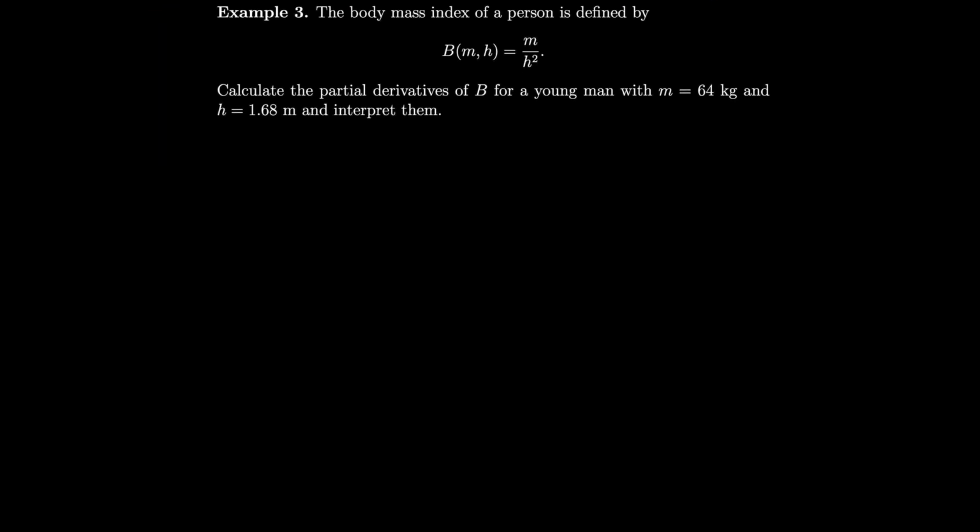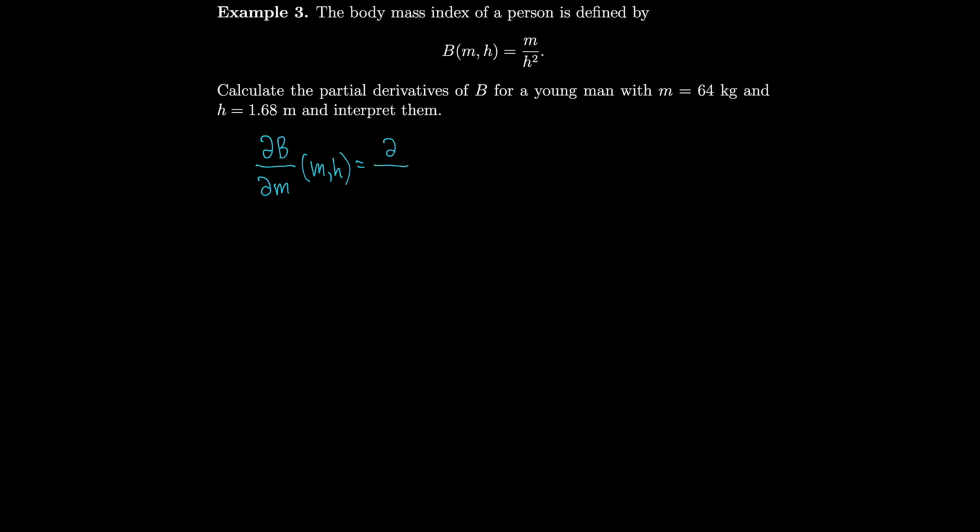Say the body mass index of a person is defined by B(m, h) = m over h squared. Let's calculate the partial derivatives of B for a young man with mass 64 kilograms and height 1.68 meters and interpret them. So we'll do the partial of B with respect to m, and I'll leave it in the (m, h) notation.